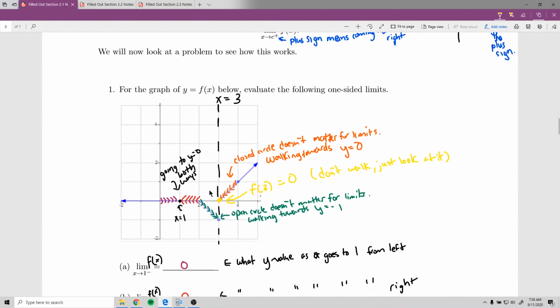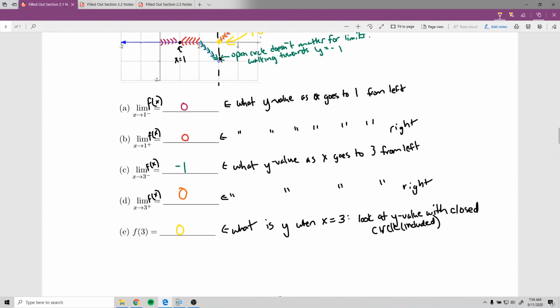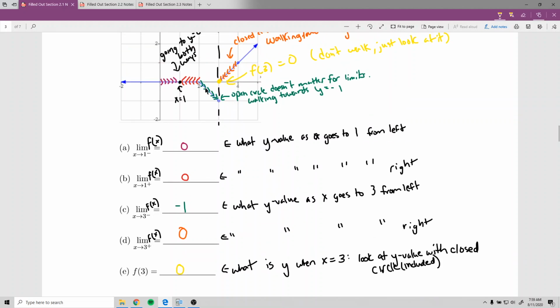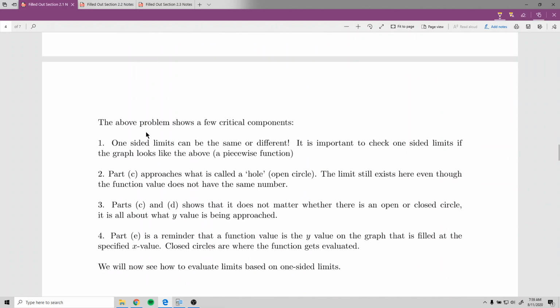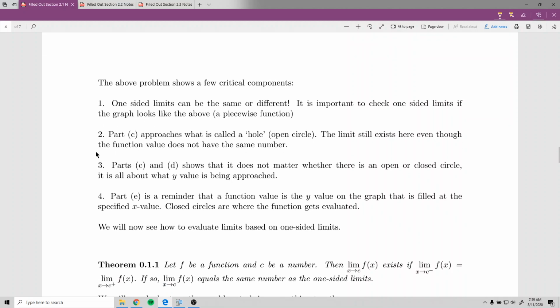Well, all we're saying here is that the limit here was -1 and the function value was 0. But that's because they're different ideas. Limits are what we're walking towards. Function values are where it's filled in. We're just looking at it. Part 3 is what we already touched on. It doesn't matter if we have an open or closed circle when we're talking about limits.